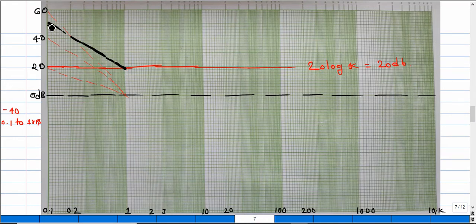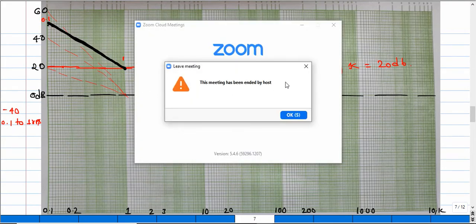So I feel that this line is parallel to minus 40 dB. The first segment is 0.1 till 1 rps.